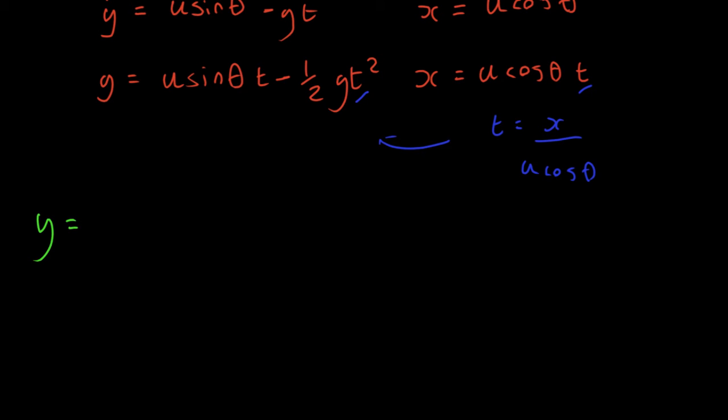When I sub t in, you can see here that the u's will cancel, and the sine and the cos will turn into a tan. So I get x tan theta. Then what's this bit? Well, our g over 2 times t squared, and again, this is gx squared. The u doesn't cancel this time, so it's 2u squared on the bottom line, with cos squared theta.